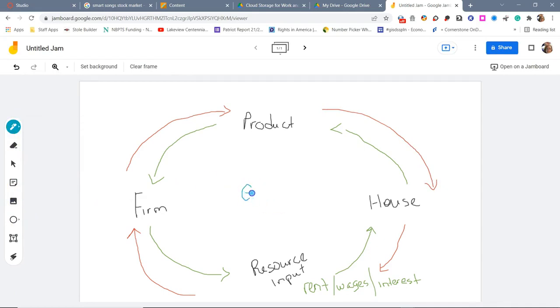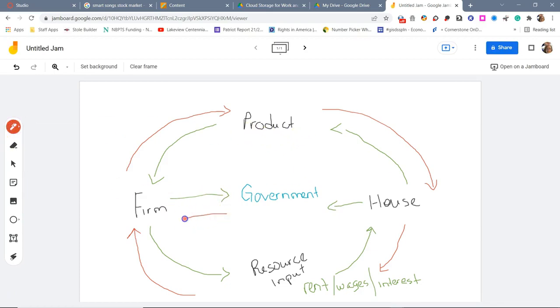government. Now, does government make a product? No. But they receive taxes. They receive taxes from the households, and they receive taxes from the firm, corporate taxes. What do they produce?